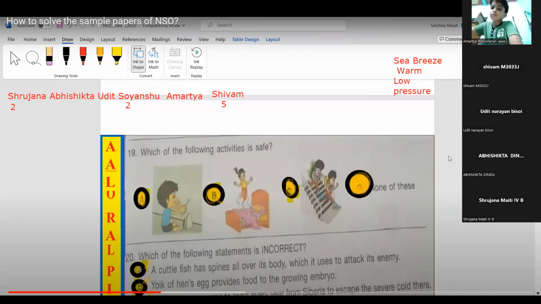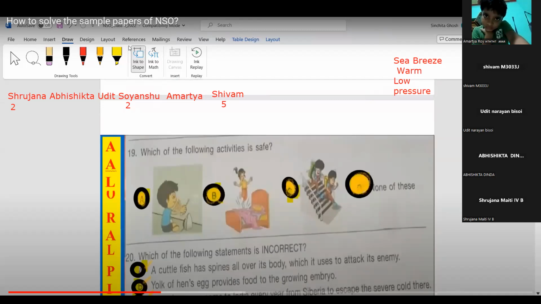Is it clear, Udit? Yes, ma'am. And the air will move from low pressure to high pressure. Udit, is it clear? Yes, ma'am. Great.